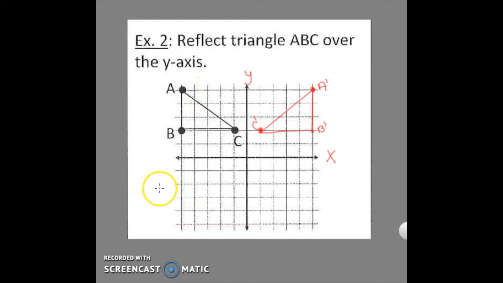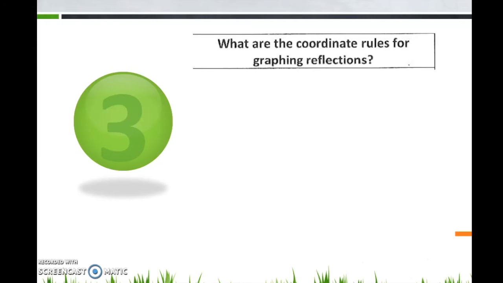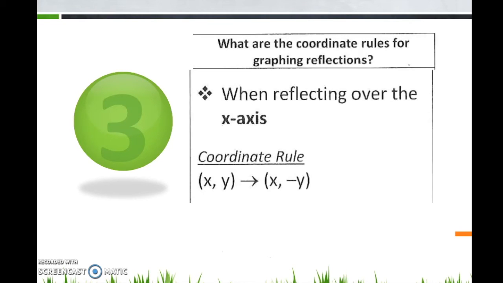Hope that makes sense. What are the coordinate rules for graphing reflections? When reflecting over the x-axis, we have a coordinate rule. It states that my x is going to stay the same, but my y is going to change and become the opposite. So let's put that in words.